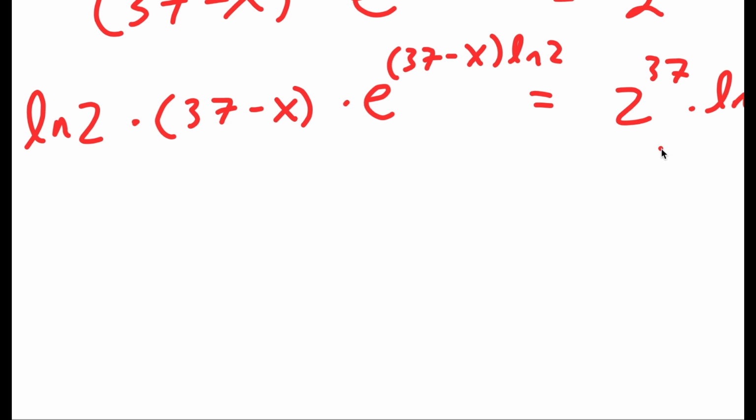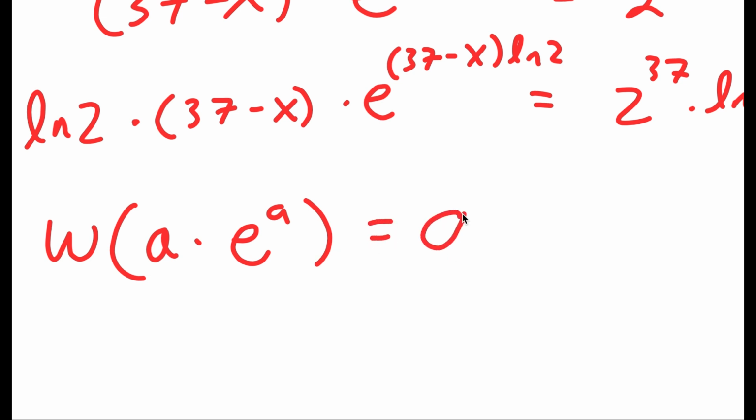And the reason I'm doing this is so that I can use the Lambert W function. So the Lambert W function states that if I take the W of something in the form a times e to the power of a, this is simply equal to a.